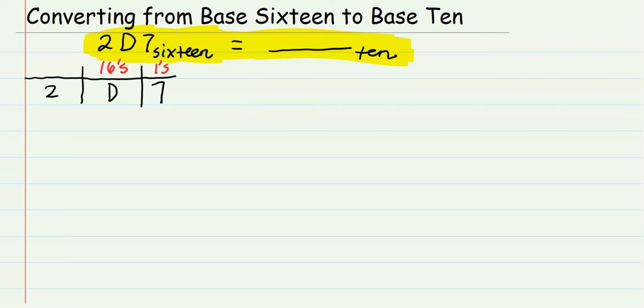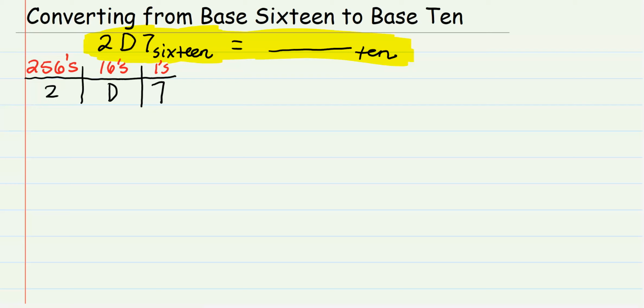And then the third place value in base 16 would be 16 groups of 16, and that is 256. So those are the place values.